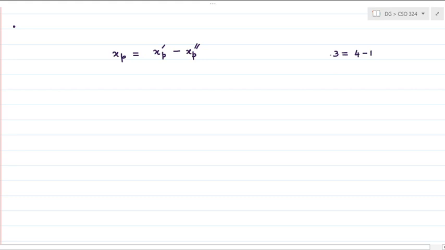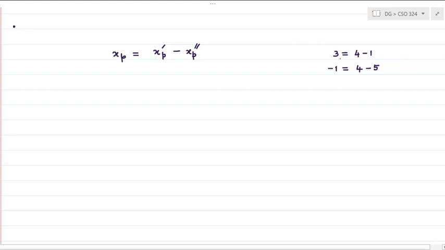If xp takes the value 3, a positive value, I am giving one instance of positive value. If xp takes a negative value, then also we can write it as difference between two positive values, 4 minus 5. Here I have just written 4 minus 5, you could write 2 minus 3 in several other ways.